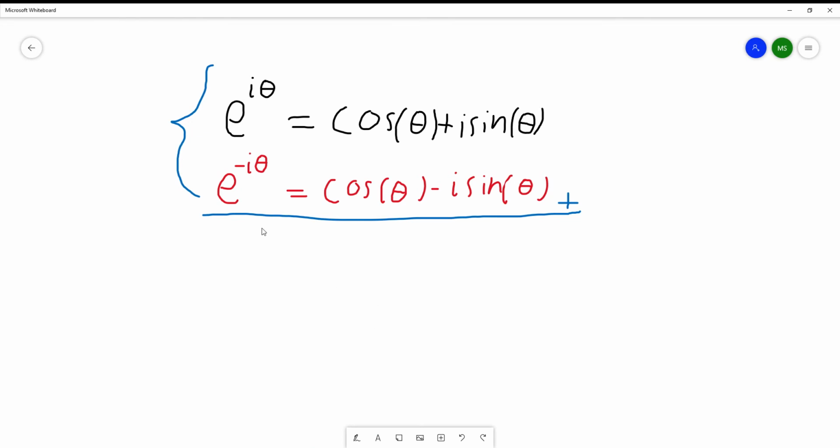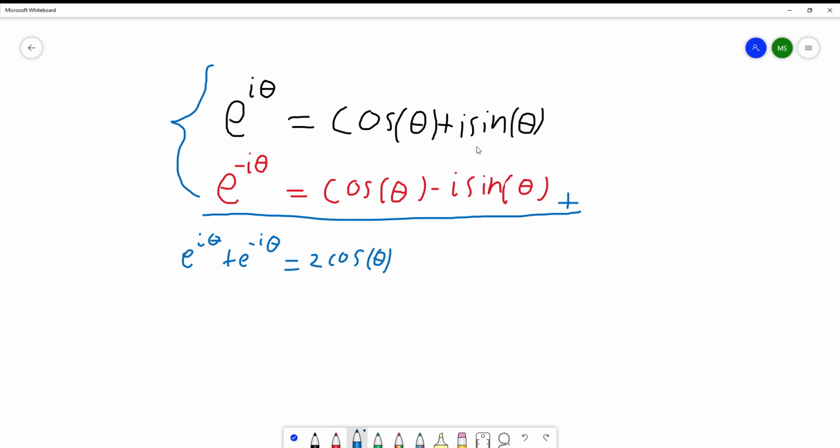Now instead of subtracting equations, we can also add the equations, and we get that e to the i theta plus e to the negative i theta is equal to, we add these, we get 2 cosine of theta.